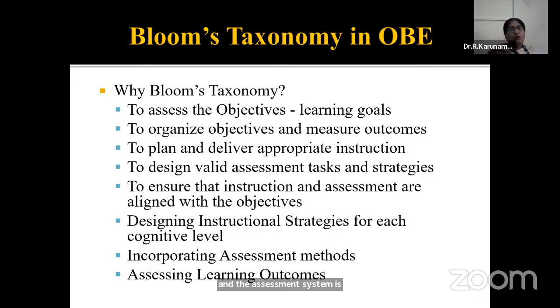The predetermined goals of the particular course, the particular program, the particular curriculum are evaluated through Bloom's taxonomy. It is an evaluation system. It helps to assess the learning goals of a course, not only a course, but also a program.